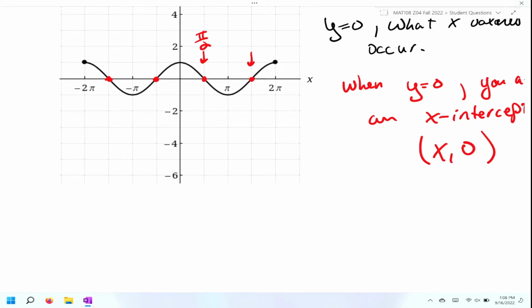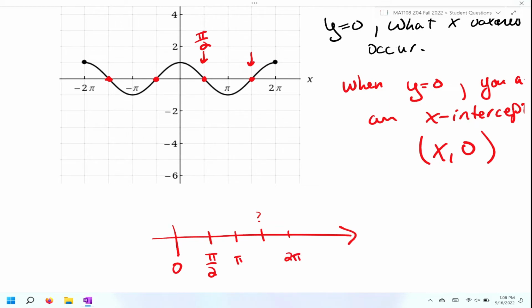All right, so how do we find this value right here? It's much easier than you think, so let me show you. I'm going to draw a little number line down here, directly underneath. So I know this is 0, this is pi over 2, this is pi, this is the one we were looking for, so I'll put a question mark, and then here we have 2 pi.